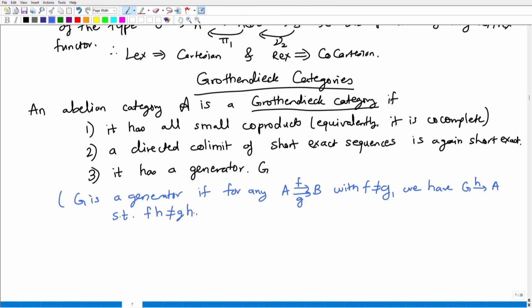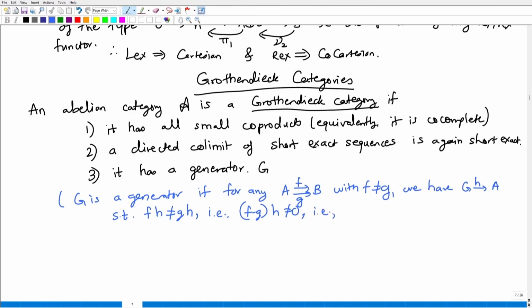Well, rephrase it, i.e. F minus G composed with H is not equal to 0. Well, what do we mean?